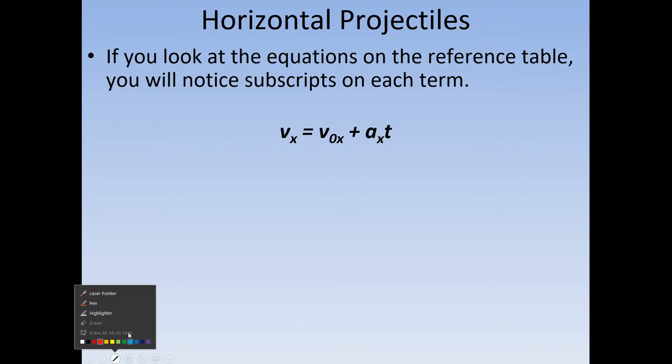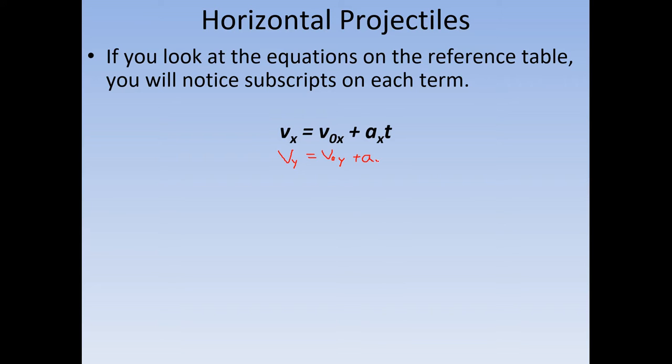Technically, I could rewrite this equation as v y equals v naught y plus a y t, because it means the exact same thing. Now I'm just saying that this equation only works in the vertical. This is very useful to do, but it's not something that you need to do. You can drop subscripts as long as you're being careful about what values go into the equation and making sure that only horizontal values go in at a time or only vertical.